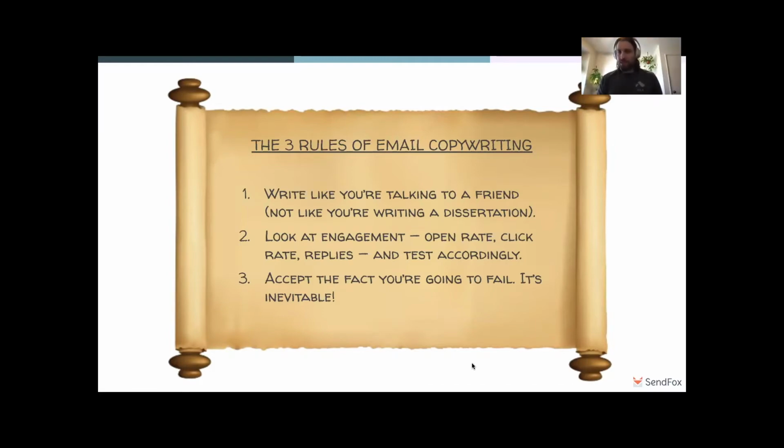Now, when we think about email copy, and marketing copy in general, there are three real core tenets. The first thing I always encourage people to think about is write like you're talking to a friend. There's this thing called the bar talk technique, which means when I'm casually hanging out with a friend, maybe nowadays on a Zoom conversation, we're just talking casually, like I'm talking to you guys right now.